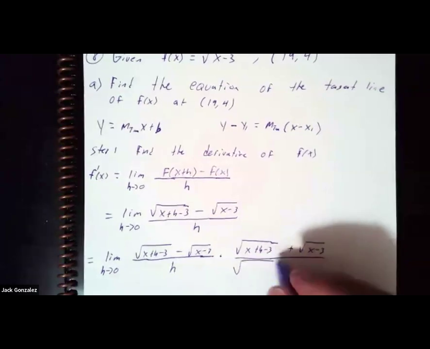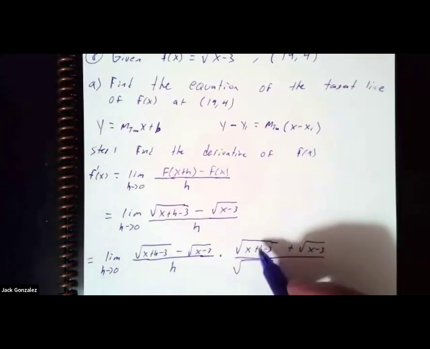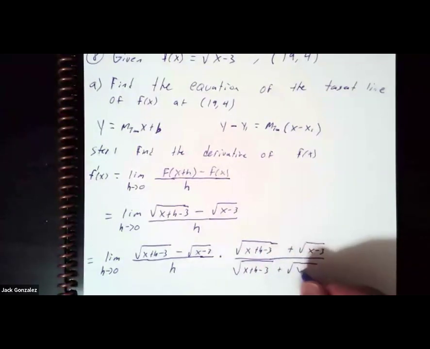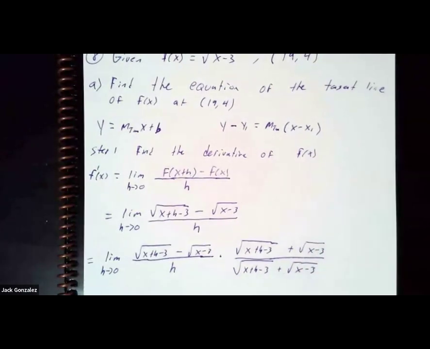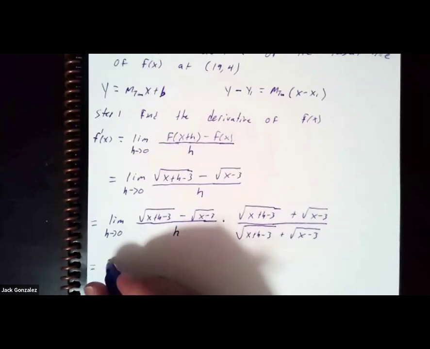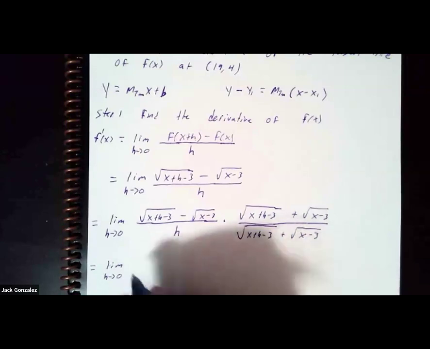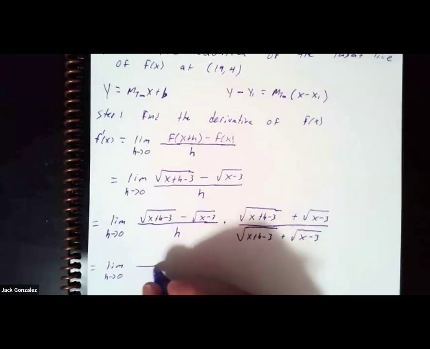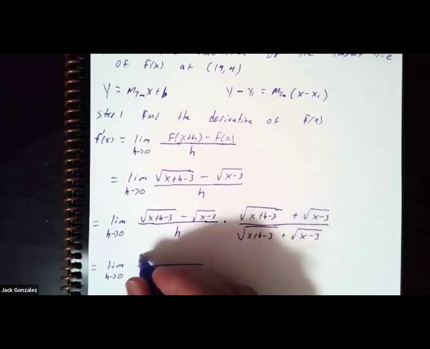We're forcing a difference of squares to happen, because the difference of squares will square those roots for you. So multiply these together, you're going to end up with this.